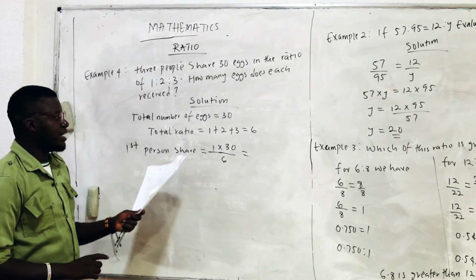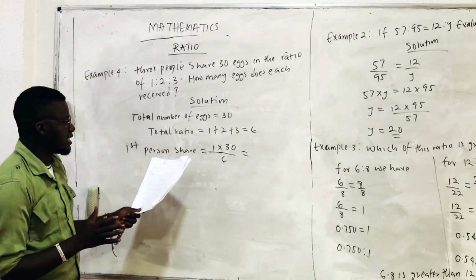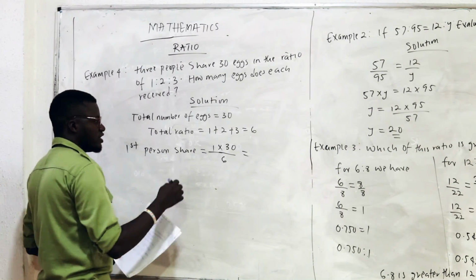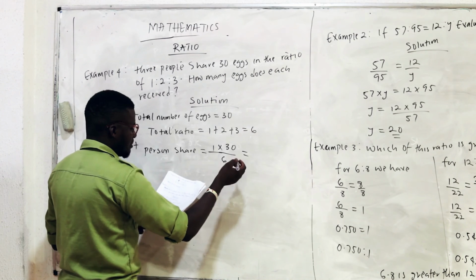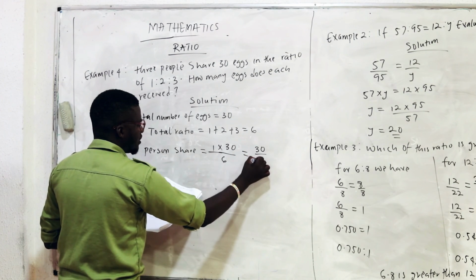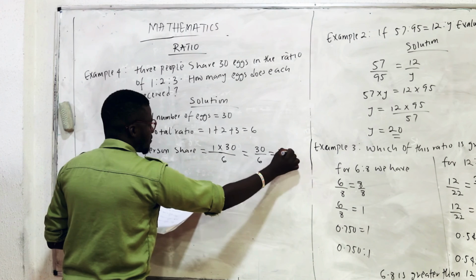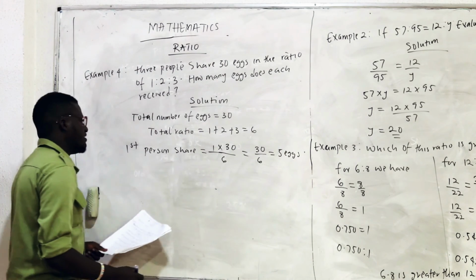So 1 multiplied by the total number of eggs, then divide by 6, which is the total ratio. So 1 times 30 divided by 6 is the same thing as me having 30 over 6, which will give me 5 eggs.